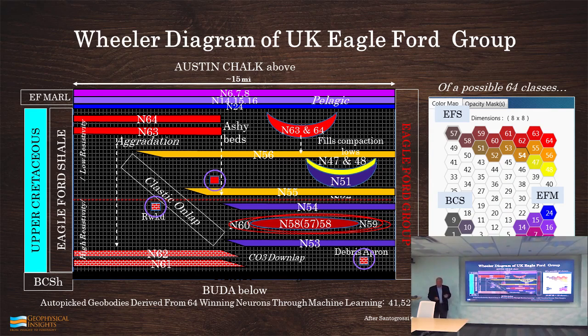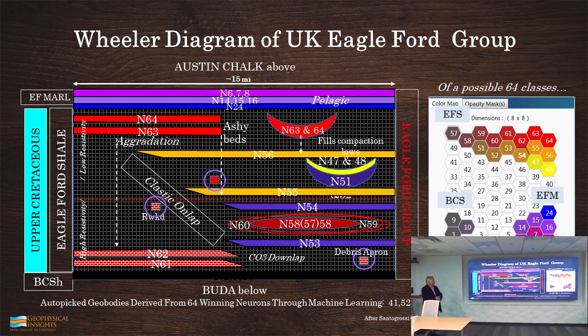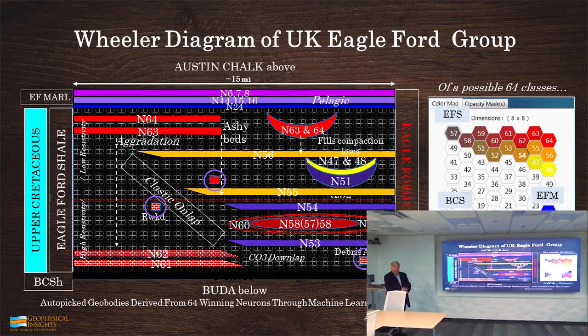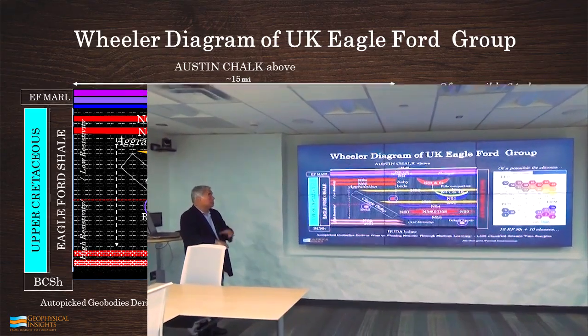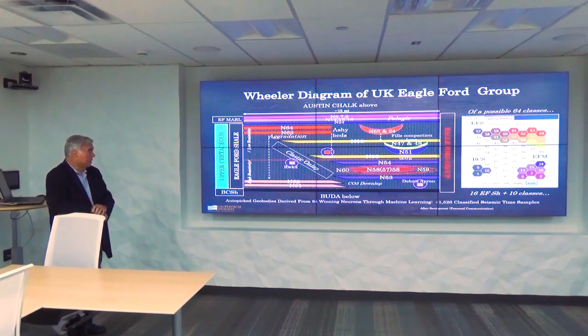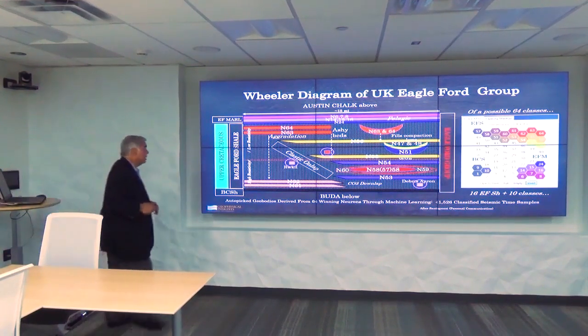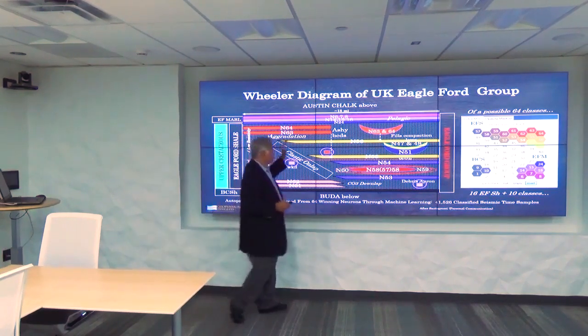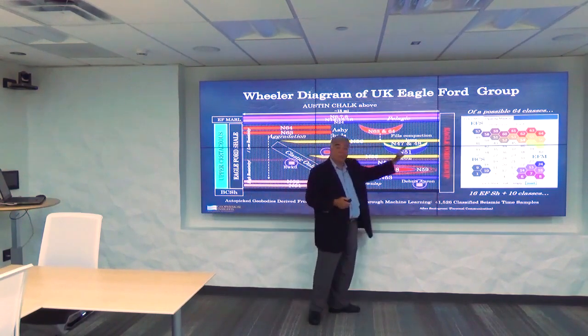She spent a lot of time on this, okay, because she was having so much fun, and actually ended up being able to develop a whole Wheeler diagram for this 200 square mile, actually about 210 square mile 3D survey. And with the Austin Chalk at the top and the Buda at the bottom, these were the gradational changes, the geologic changes within the survey.